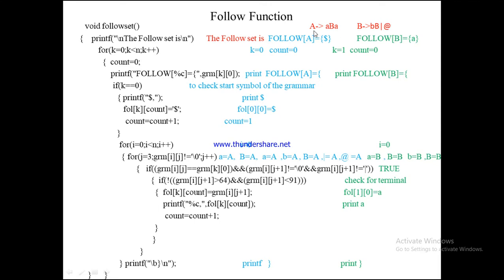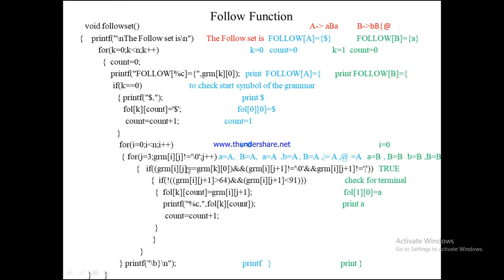Then small a with the capital A, no. Then small b is equal to the capital A, no. Then capital B is equal to the capital A, no. Then pipeline is equal to the capital A, no. Then epsilon is equal to the capital A, no. That means capital A is nowhere occurring in the body of the production, to compute the follow of A. That is what we are checking in this if statement.